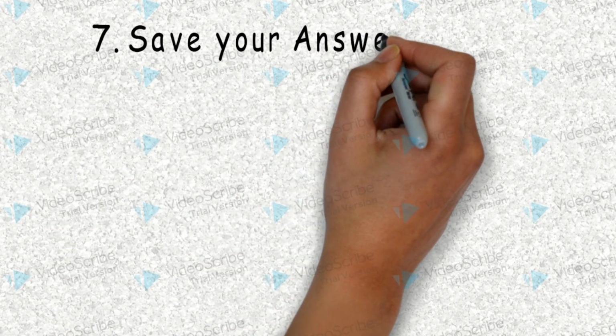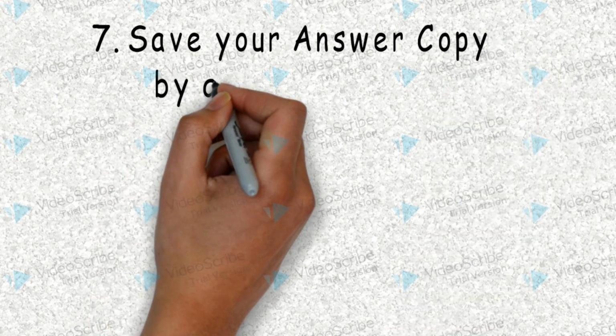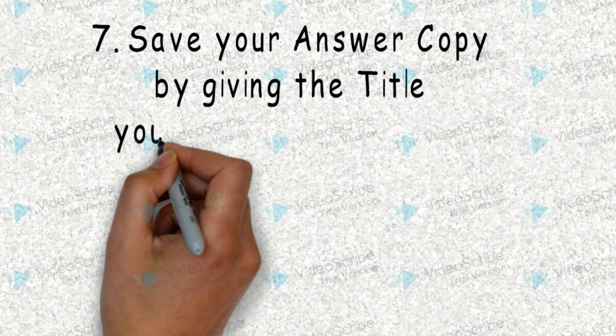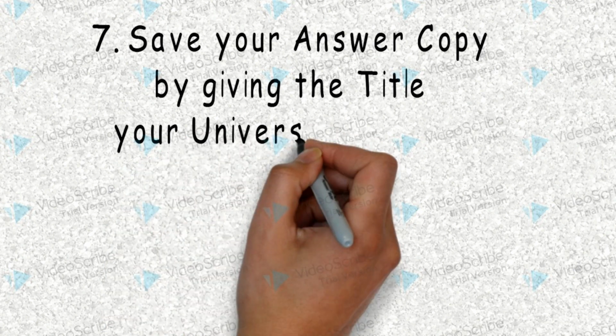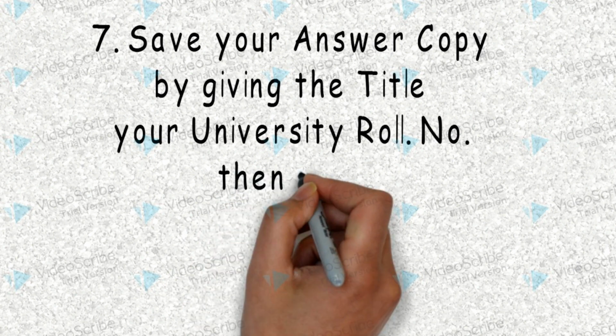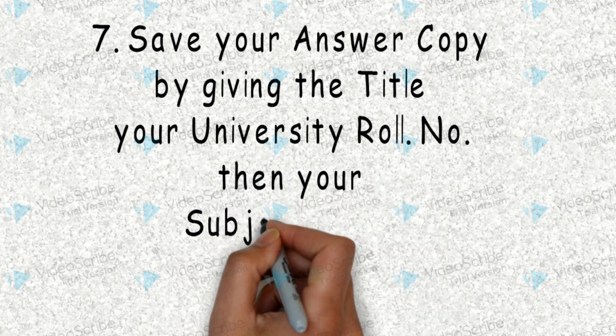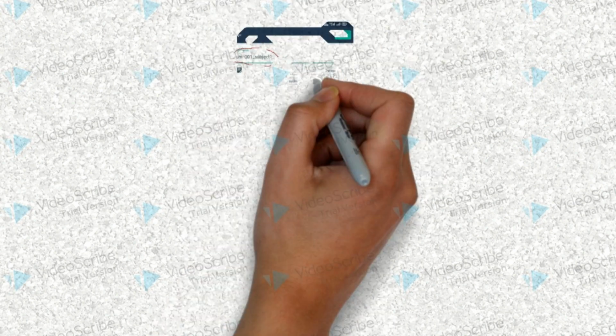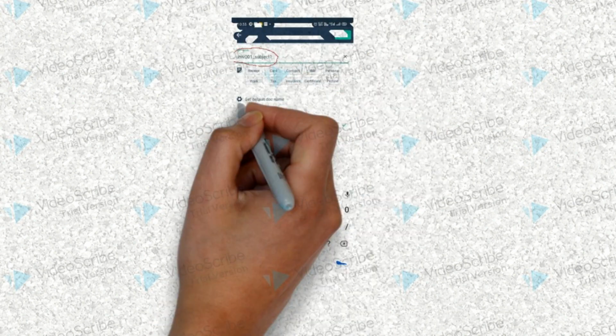Save your answer copy by giving the title, your university roll number, then your subject code. Let's see in the figure how. In the top position, you can see in the red circle area, university roll number underscore your subject code.